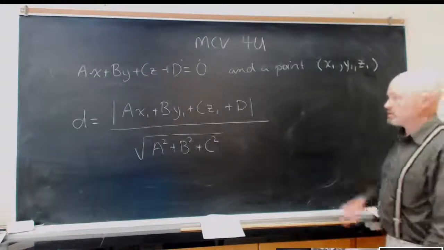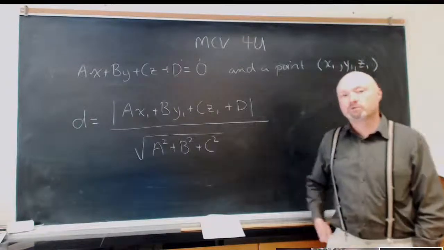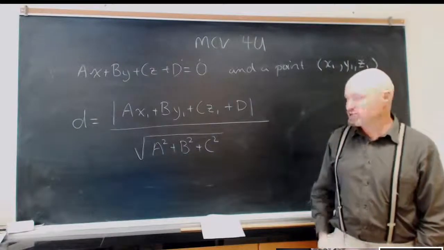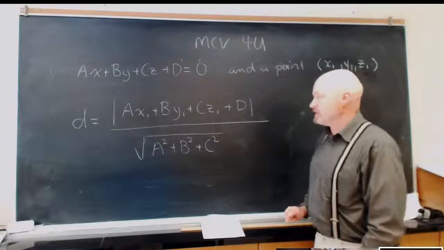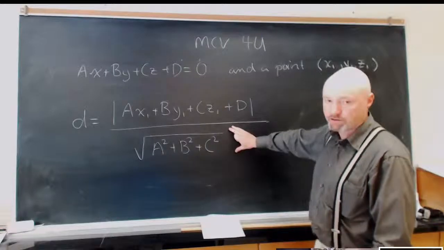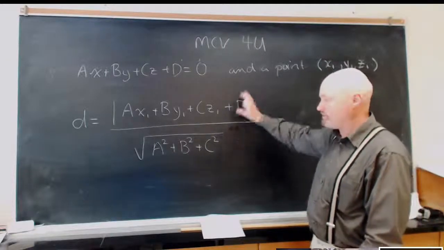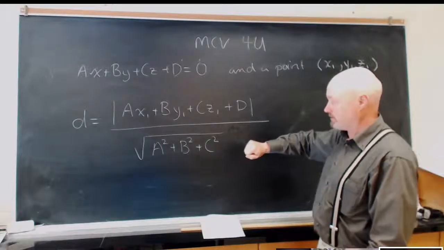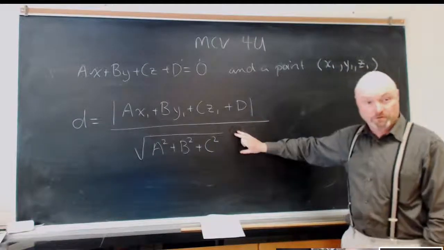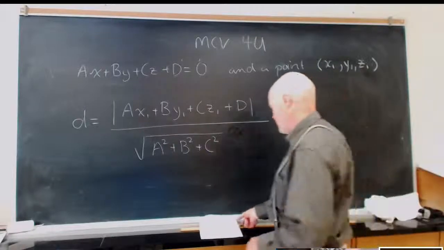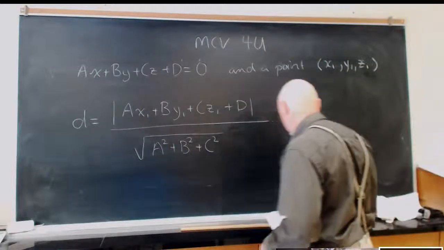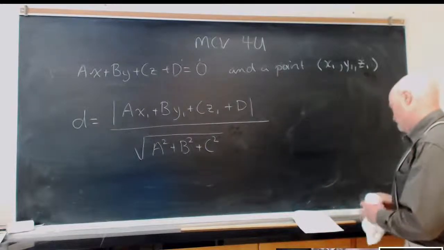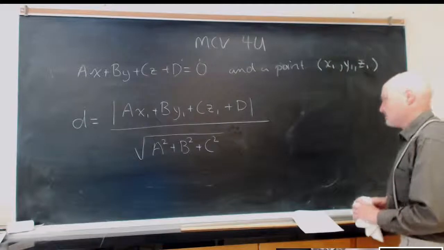Okay? This is actually derived from that whole system of projections, where you project one vector onto the other. In this case, we've projected onto the normal vector. We can project any vector we want that goes from the line to the plane onto the normal vector. And so we wind up with this formula right here. Okay. So, let's use it.